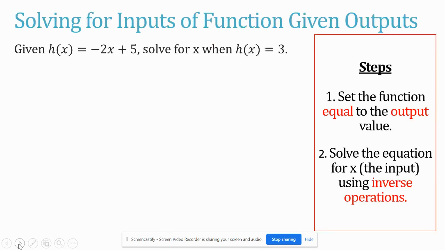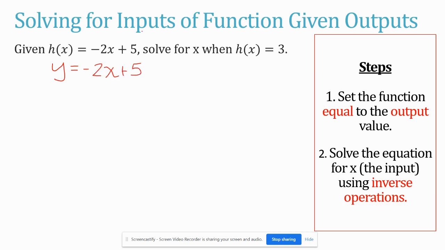Okay, so solving for inputs of a function given the outputs. Here we have given h of x equals negative 2x plus 5. Solve for x when h of x is equal to 3. So, like we said before, f of x is the same as saying y. So we can rewrite this as y equals negative 2x plus 5.